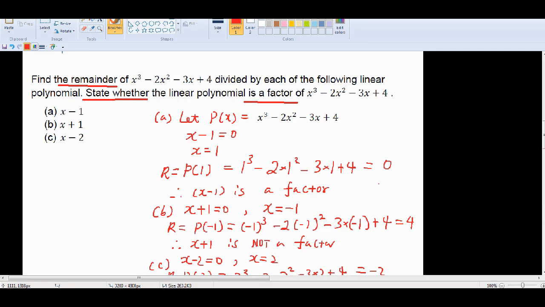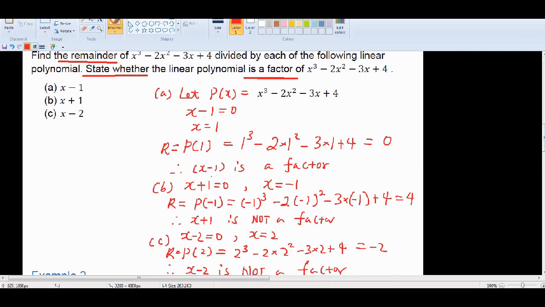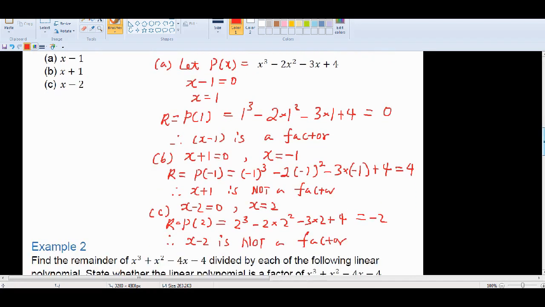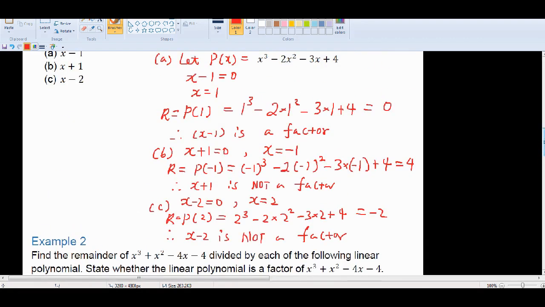But if the remainder equals 0, then that linear factor would be a factor for the polynomial. Otherwise, that linear binomial is not a factor. It depends on the value of the remainder.